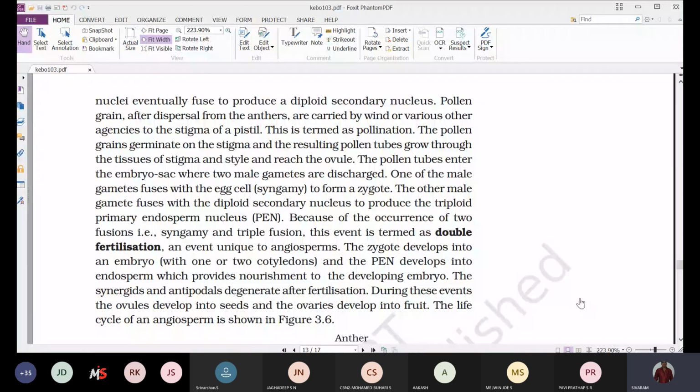After generative fertilization or syngamy, these two polar nuclei will fuse and result in the formation of a diploid secondary nucleus.